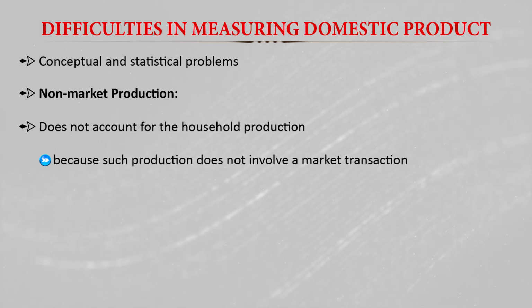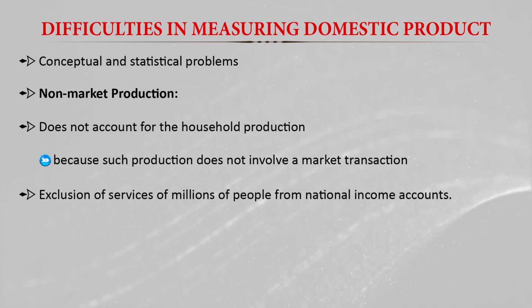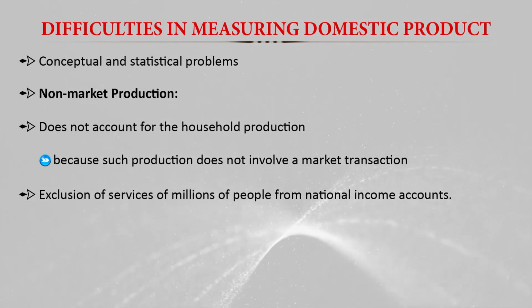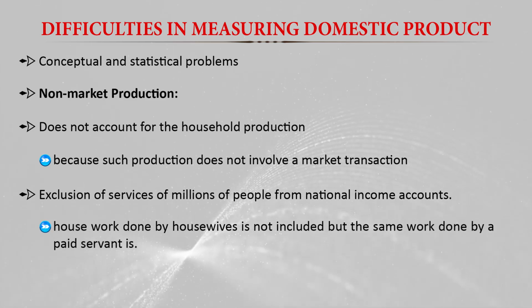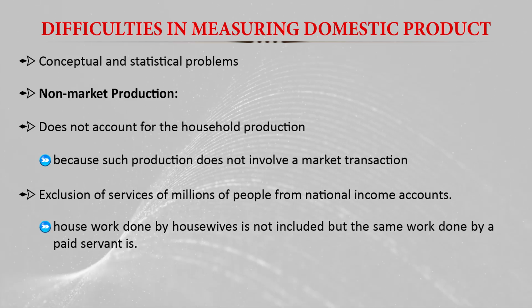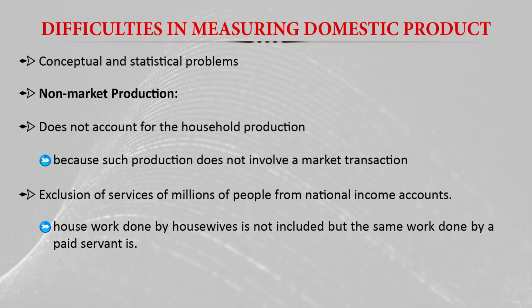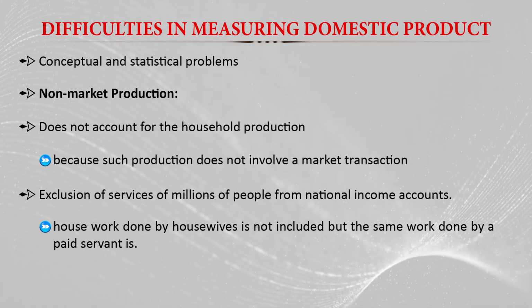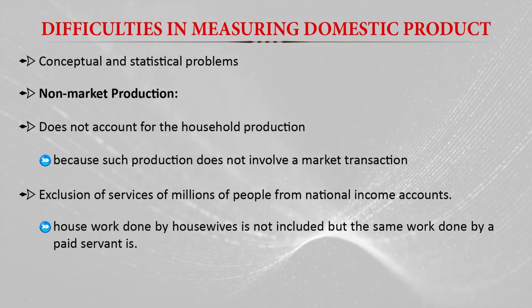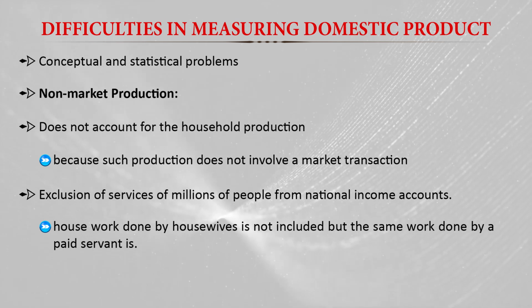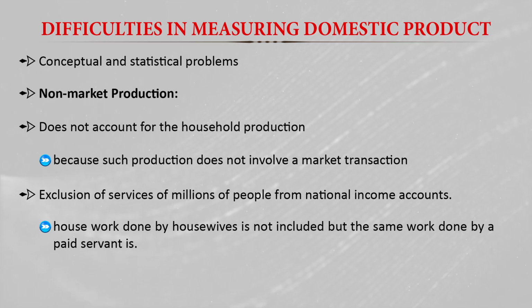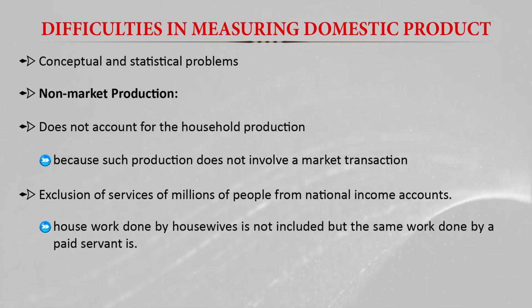gross domestic product. So the services of millions of people are excluded from the national income accounts. For example, housework done by a housewife is not included, but the same work done by a paid servant is included in the gross domestic product. So there is a lot of non-market production in the country which is not included in measuring gross domestic product.